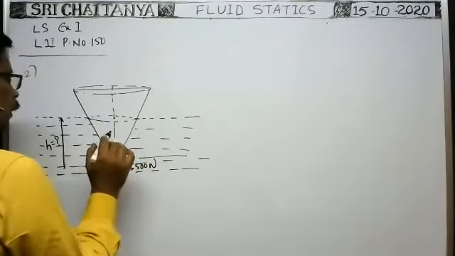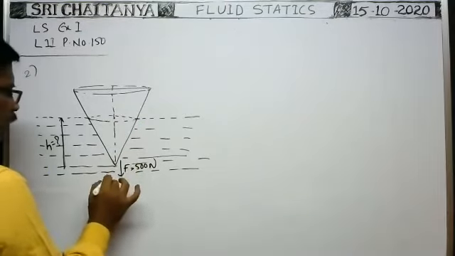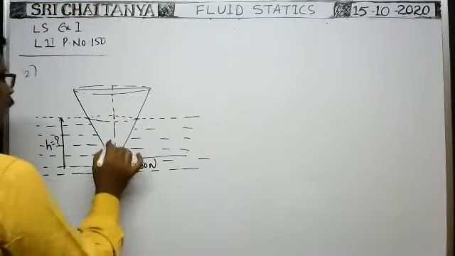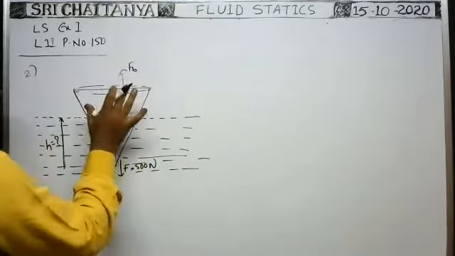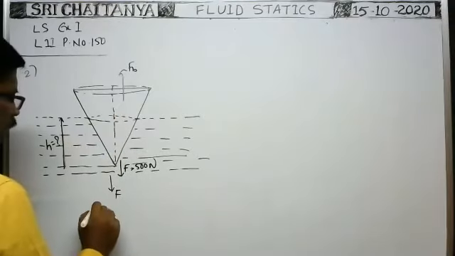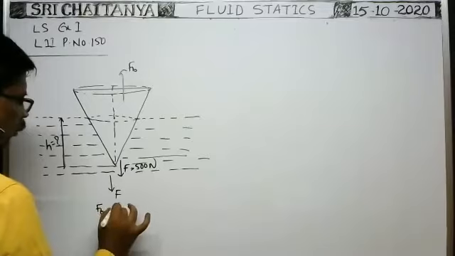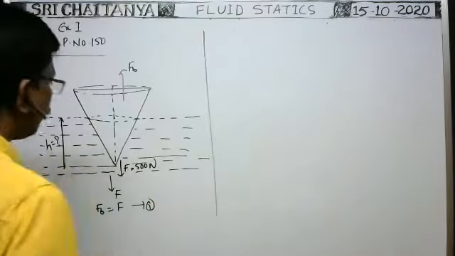The weight is negligible, but in the downward direction the force F acts on the cone, and in the upward direction the buoyant force acts. Whenever these two are equal in magnitude, at that position the cone is in equilibrium. That's why the buoyant force is equal to the applied force F. That is the condition.